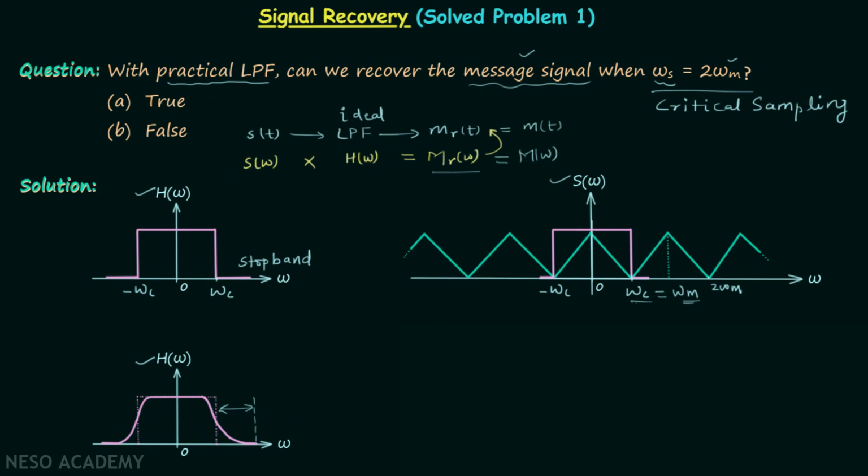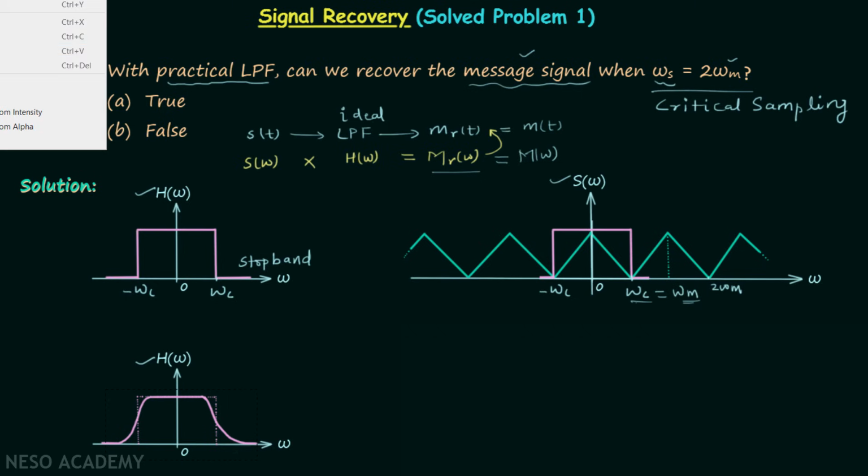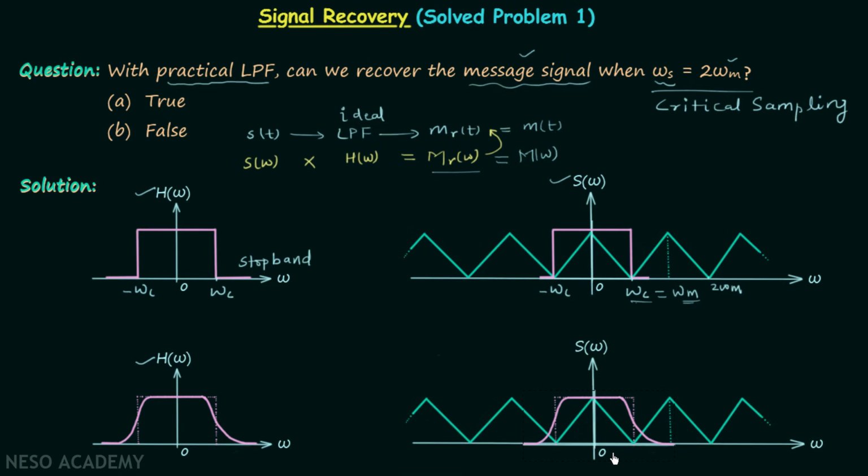So this is our stop band, and now we will follow the same process. We will feed our sampled signal to the practical low pass filter, and then we will try to obtain MR omega, and from MR omega we will obtain mr(t). So let's quickly copy this portion of the waveform, and we will try to overlay it like we have done in the previous case. And now you can clearly see that this portion of the waveform is passed, which is the spectrum of the message signal, and we need only this portion.